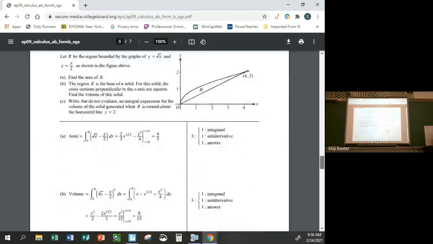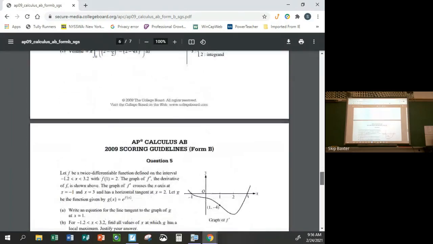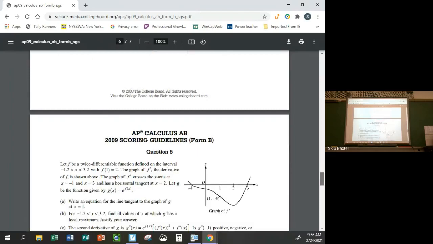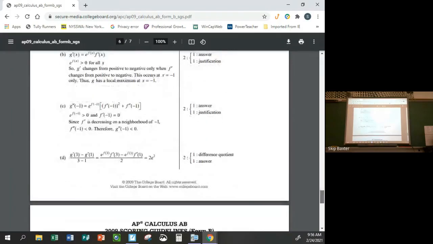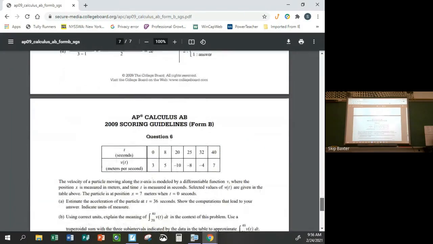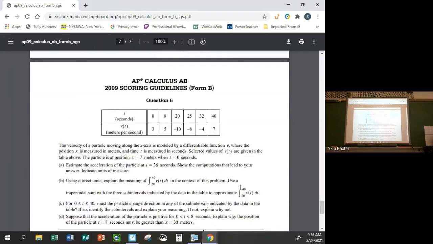All right, so number 6. Oh, this is the scoring guidelines. I'm going to make it so we can't see the scoring guidelines. All right, this is number 6. They give you a table that's a derivative. That's the first thing I notice when I see this problem: this is v prime, or v, right? It's a rate of change.